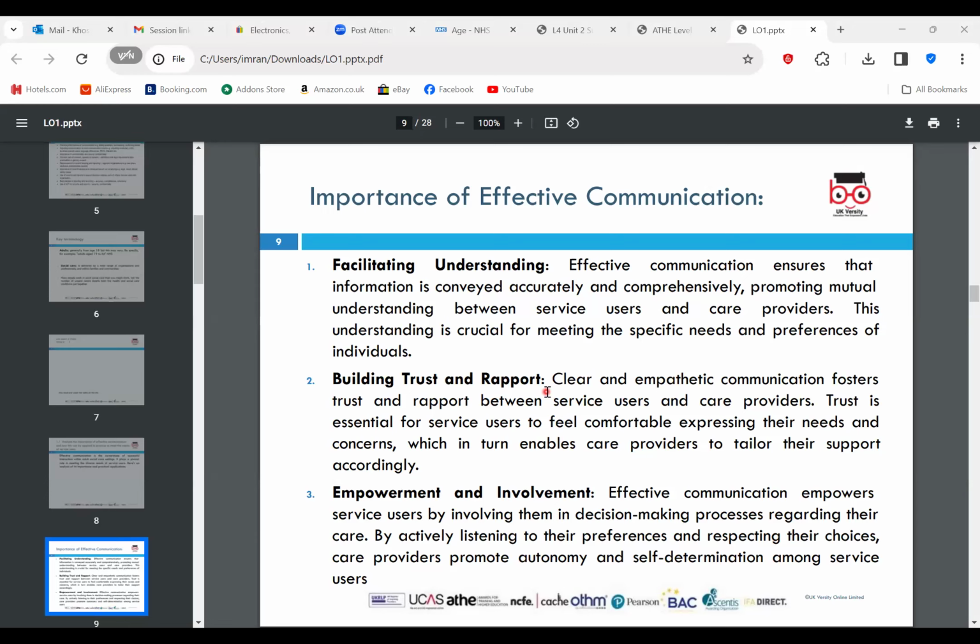And then there's empowerment and involvement. When you are using effective communication, you would empower the other individual by asking their preferences, and this would be promoting autonomy and self-determination for them. This means that they would determine what time would be best for them for a particular activity, for instance.